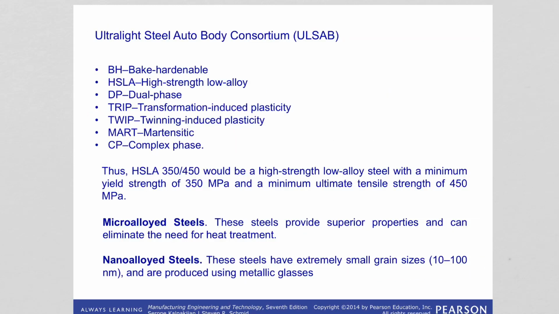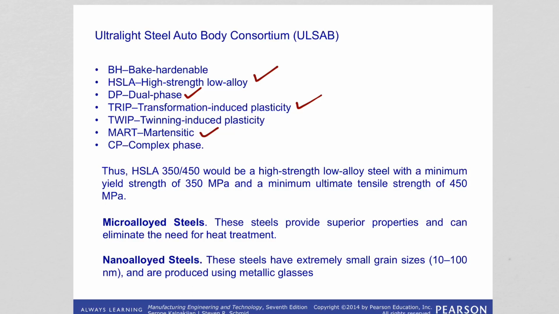Another designation scheme is used and defined by the Ultralight Steel Autobody Consortium. On the slide we are seeing some abbreviations, such as BH, HSLA, high strength low alloy. So we're going to see what these are. DP, dual phase, TRIP, transformation induced plasticity, etc. Martensitic.